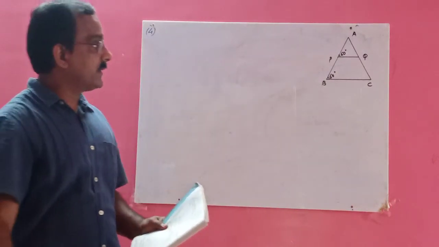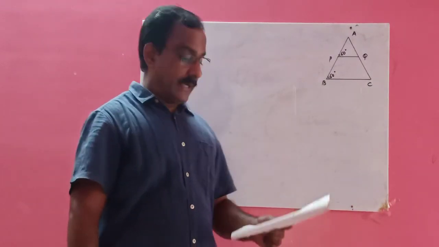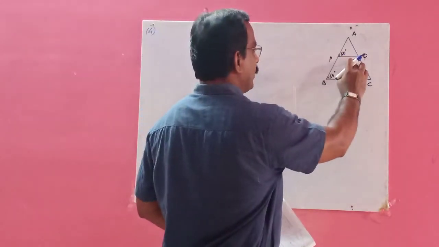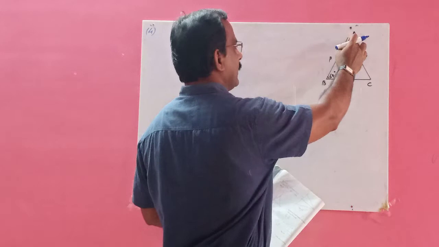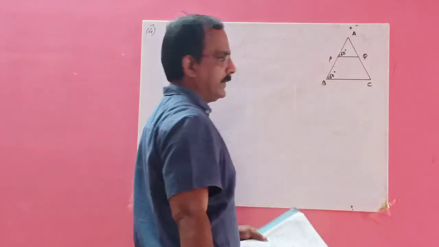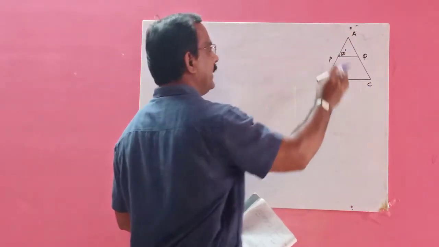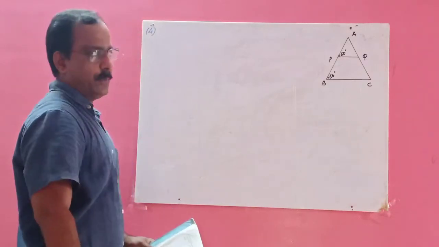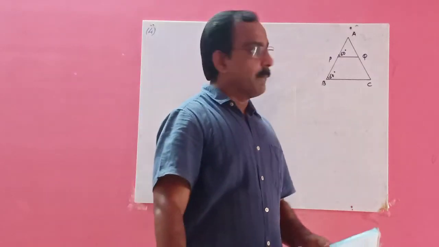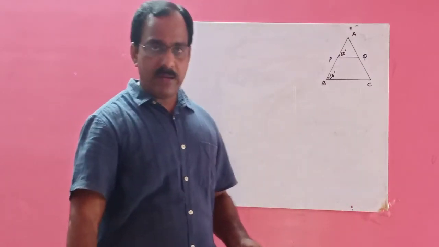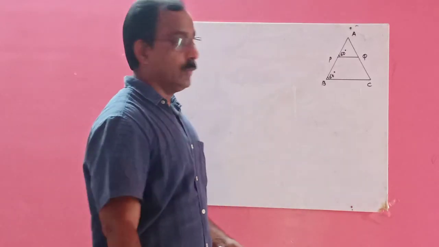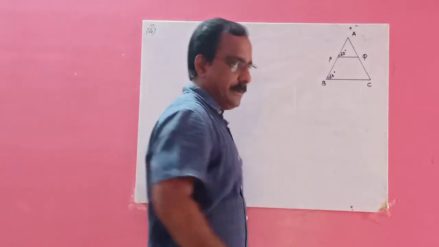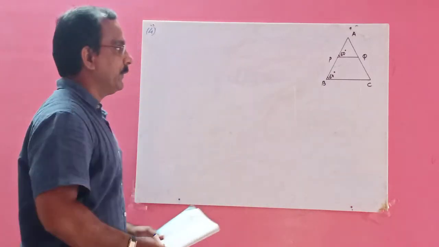With the help of this data, we have to prove that AP upon PB is equal to AQ upon QC. Here also we require BPT. But see how it is proved.